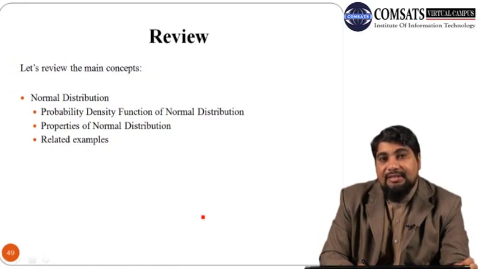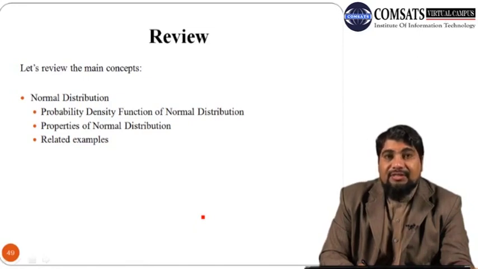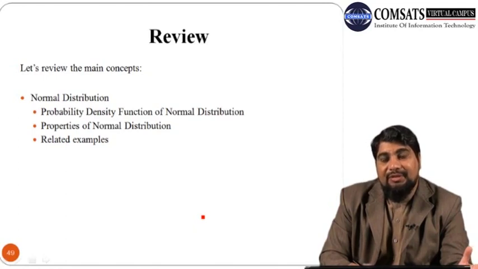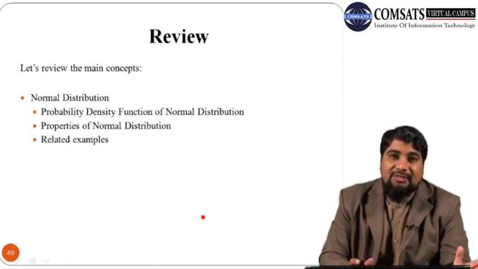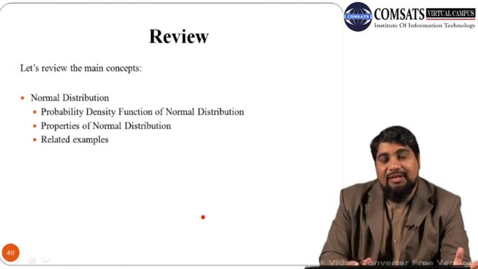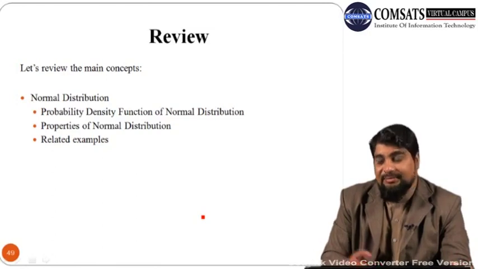We have discussed certain important properties of the normal distribution, some related examples, and the empirical rules for finding probabilities within certain areas around the mean. In particular, what is the probability that x lies between mu plus minus sigma, between mu plus minus 2 times sigma, and between mu plus minus 3 sigma.